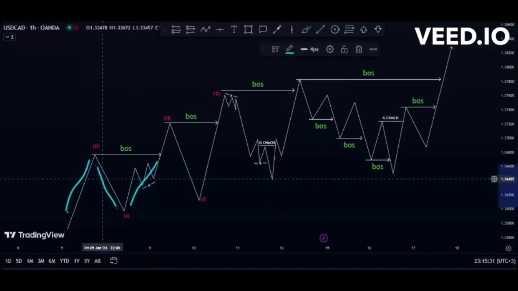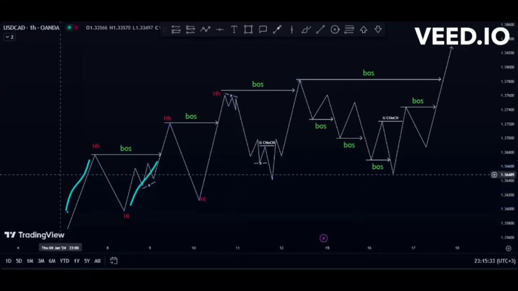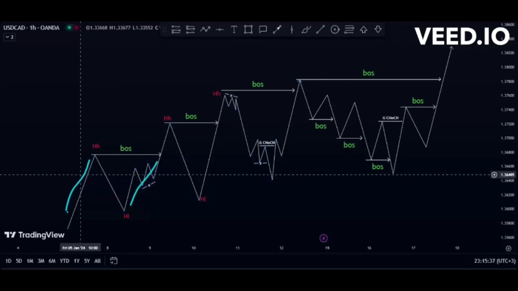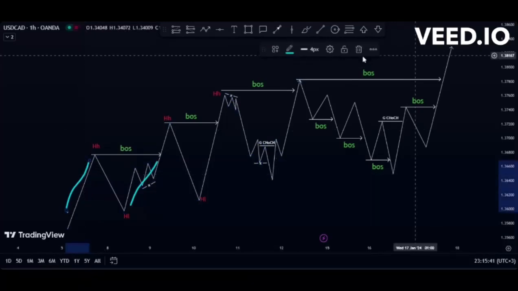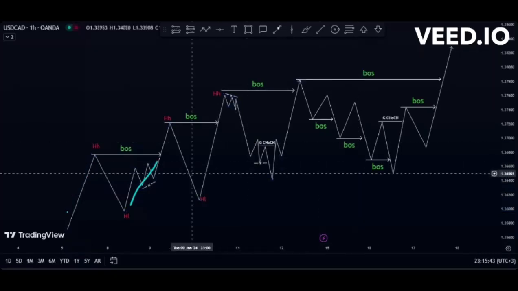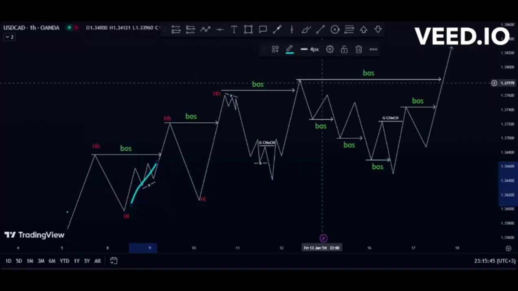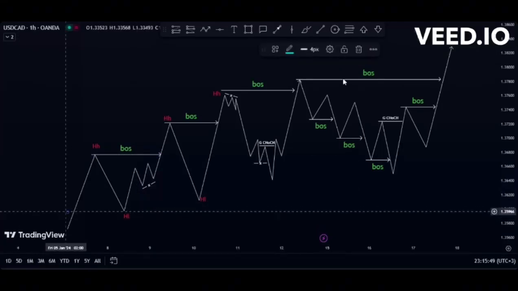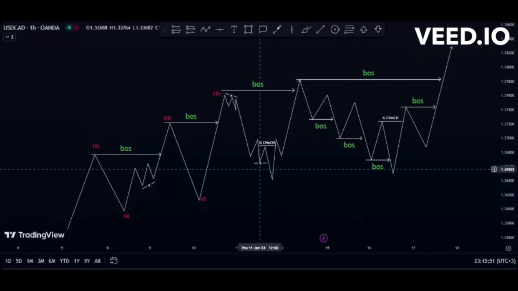So let me delete this. That's one thing you need to understand. Price moves from external to internal liquidity. As a trader, you need to be able to spot these liquidity points in the market. Without being able to spot the liquidity points, it will be hard for you to master these.